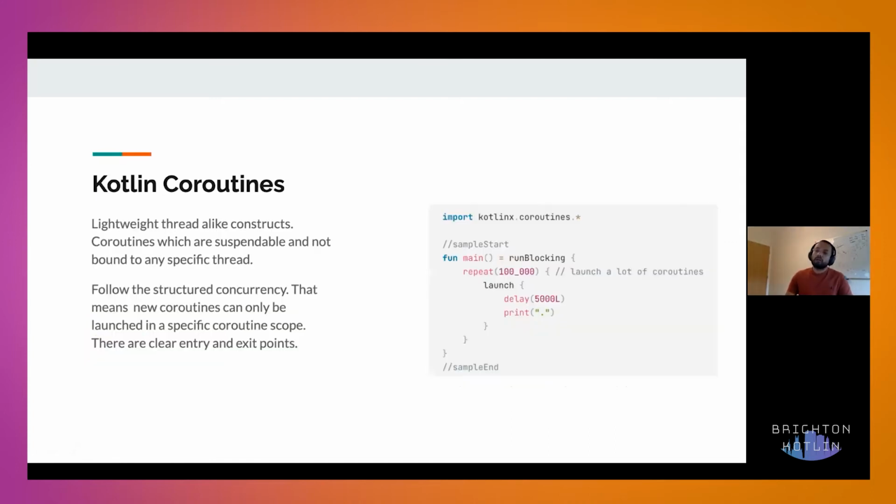And now we are going to look at Kotlin coroutines. Taking what we just talked about, sequential, cooperative, and lightweight attributes of coroutines, those are also the key components of Kotlin coroutines. At the same time, it has clear exit and entry points. If you look at this code on the right-hand side, usually in coroutine code you have a blocking and a non-blocking world, and there's a bridge called the runBlocking coroutine builder.